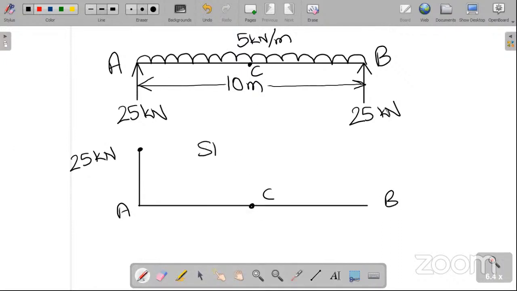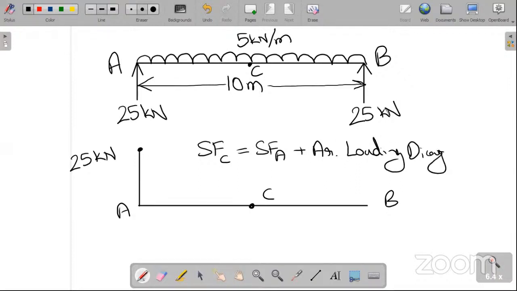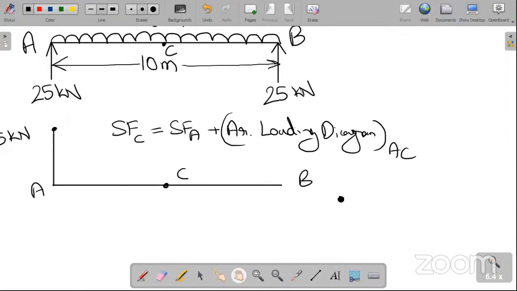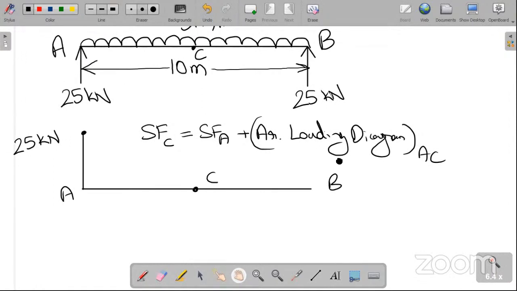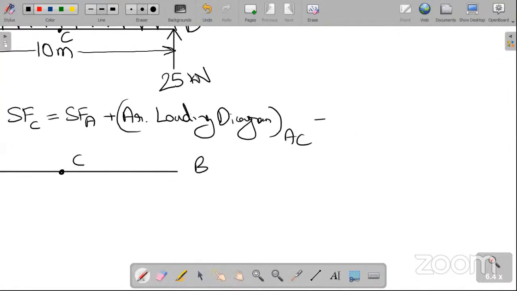Shear force at C will be equal to shear force at A plus the area of the loading diagram from A to C. Now let's see how this comes out to be true. Shear force at A is 25 because of this support reaction of 25 kilonewton. So shear force at A is 25.